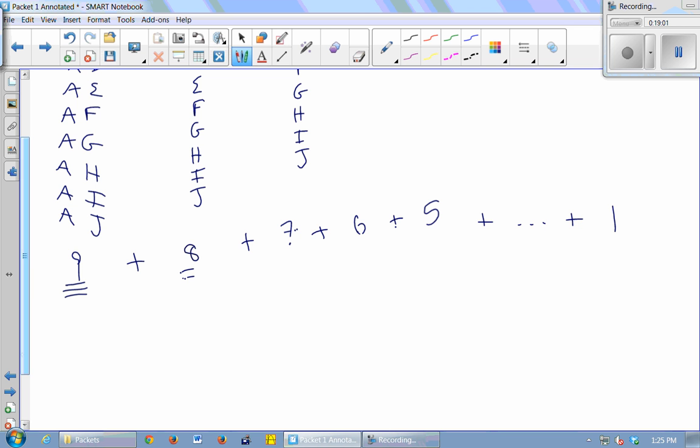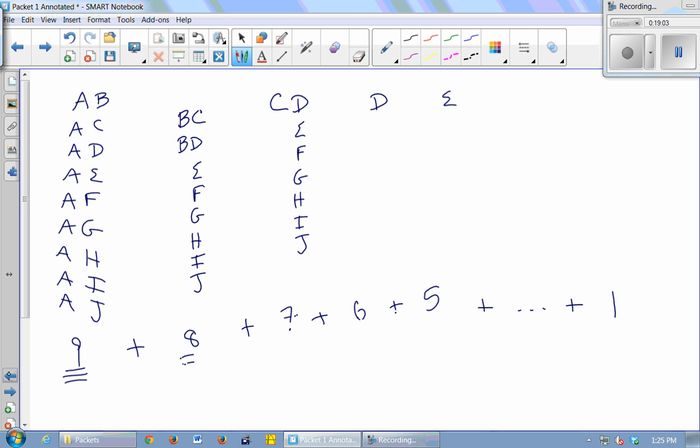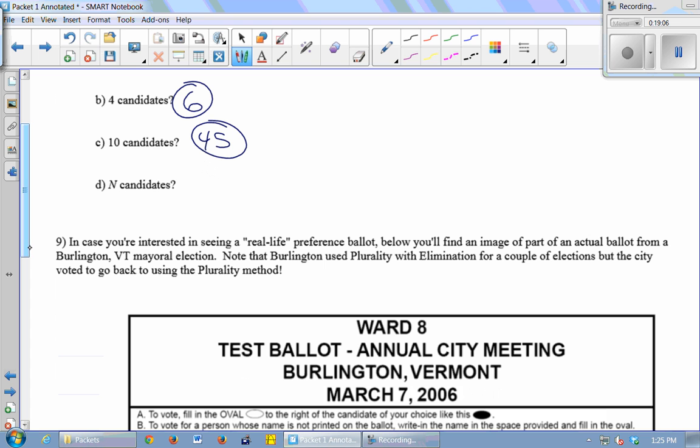So if you have N candidates, you would add 1 plus 2 plus 3, and you would stop 1 before N. So if there are 15 candidates, you do 1 plus 2 plus 3 plus 4 up to plus 14. Does that make sense?